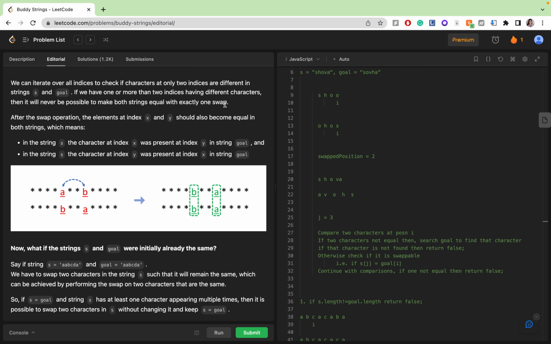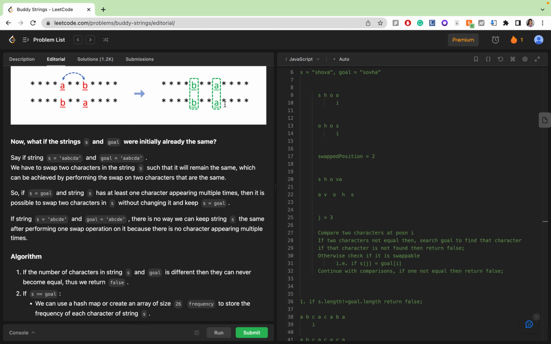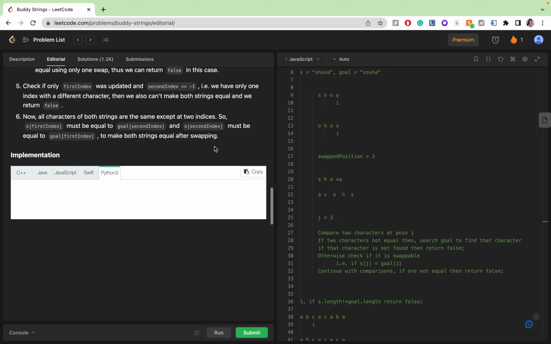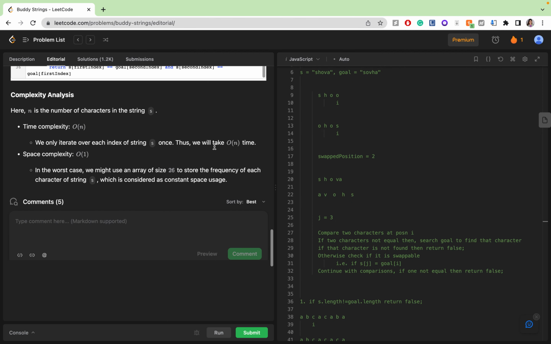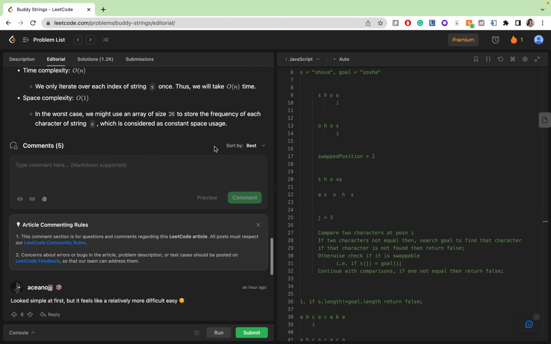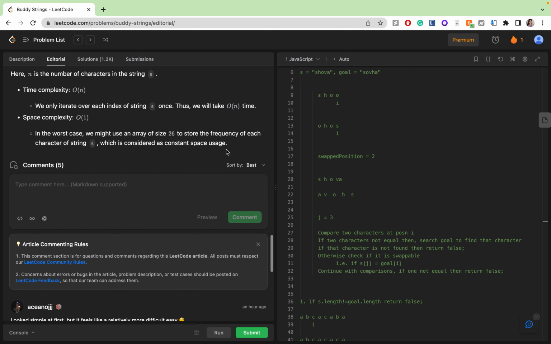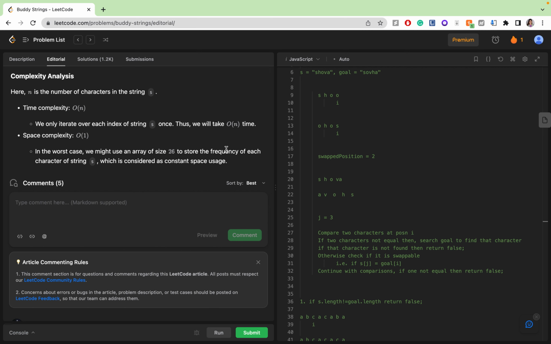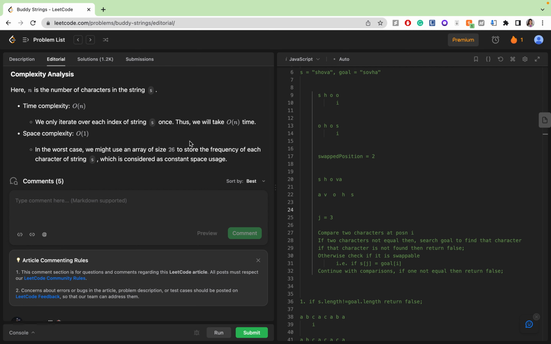If we have one or more than two indices having different characters, then it will be impossible. Oh, nice. Space complexity also, actually the set will only have 26, so the size will still be O of 1. Yeah.